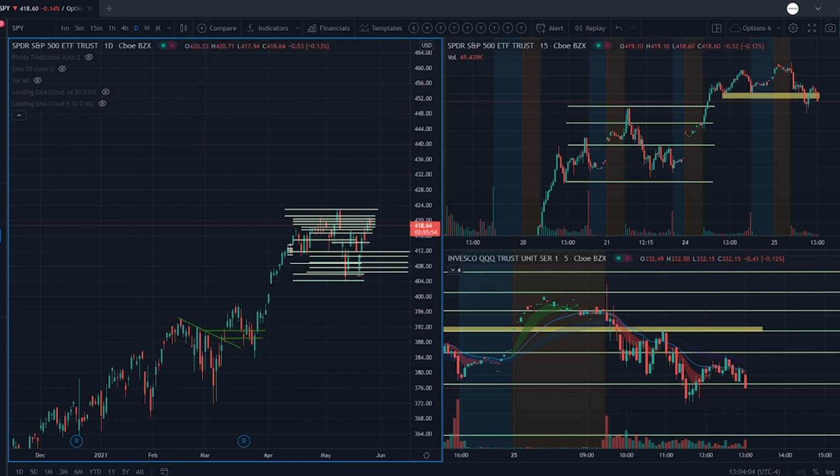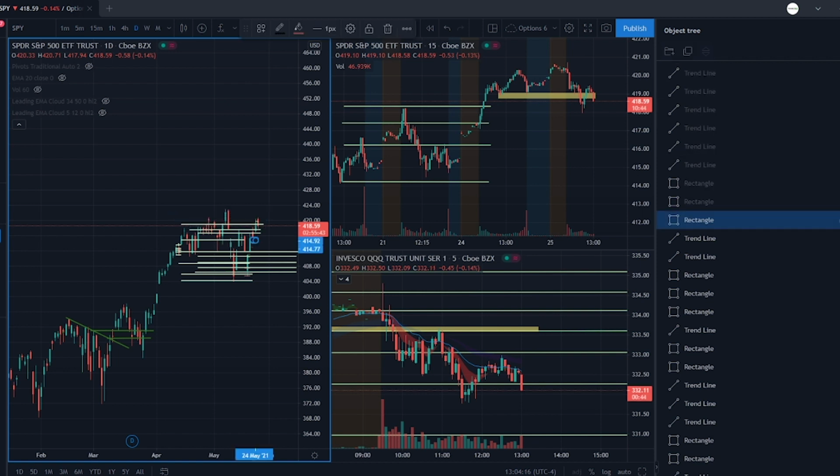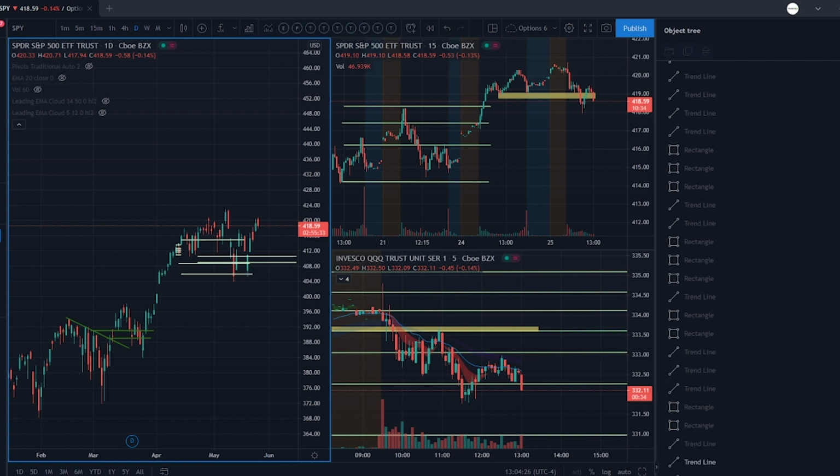So let's just go ahead and hide a lot of these trend lines instead of getting rid of them. And what we're going to do after is break down what trends are in price action with the SPY before we go on an intraday basis. So we've gotten rid of most of the trend lines here.